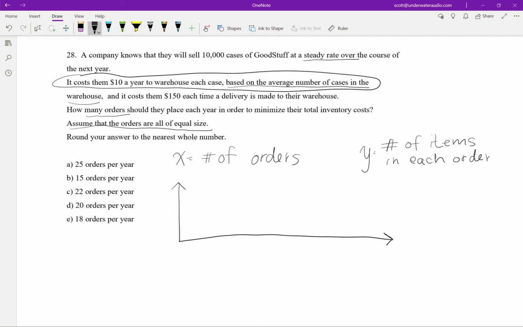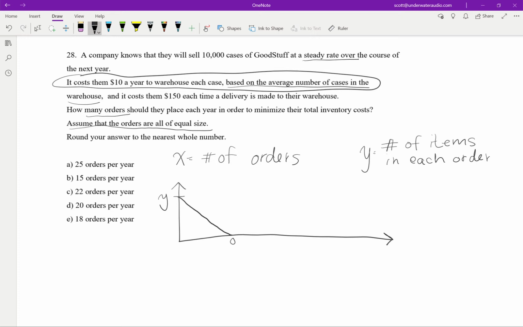Let's say on the first day of January, Y items are delivered. That makes sense because that's the number of items in each order. So basically you got a delivery. And then we're told that they sell at a steady rate, so those items leave the warehouse as they're sold until 0.